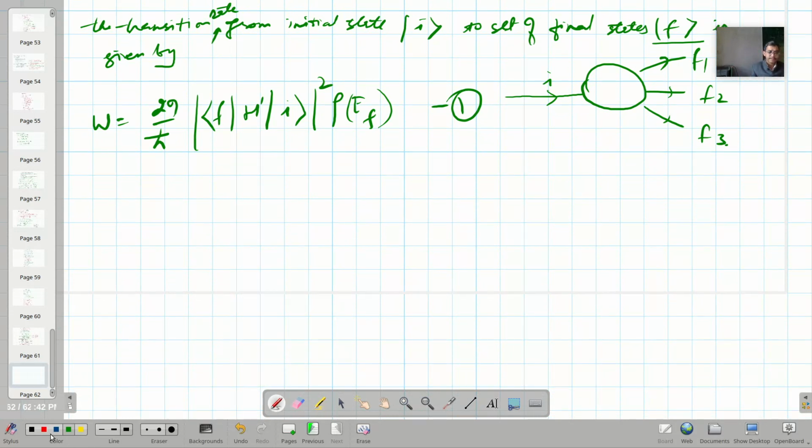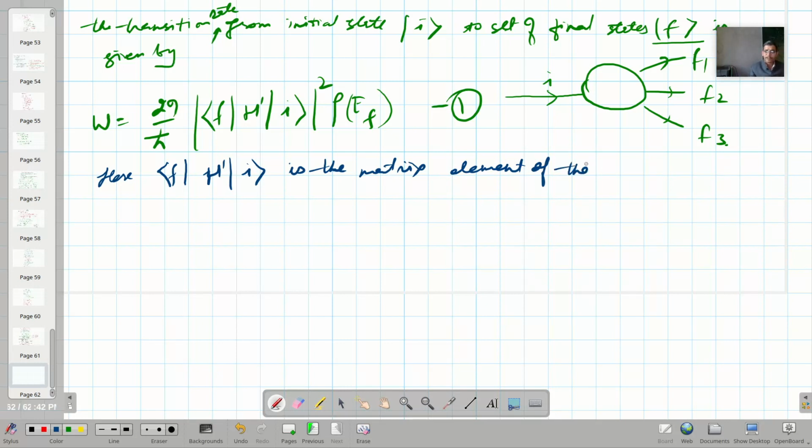Here F h prime I is the matrix element of the perturbation between final and initial states.